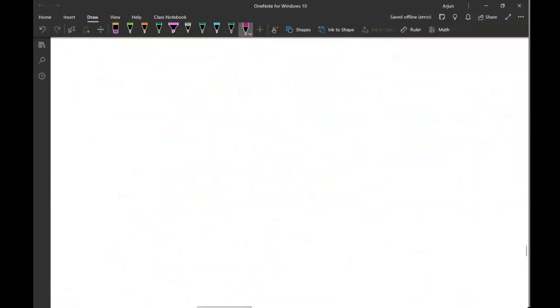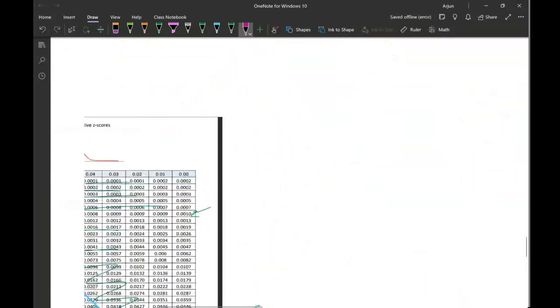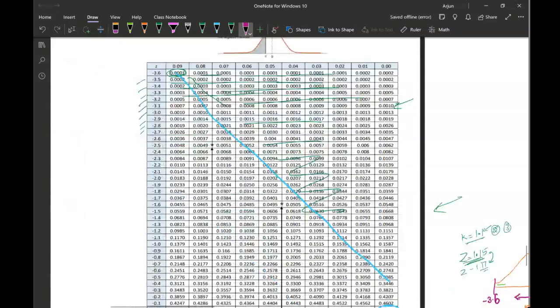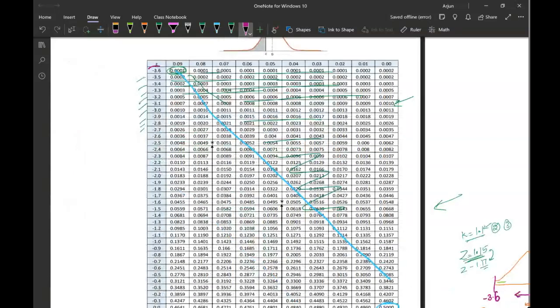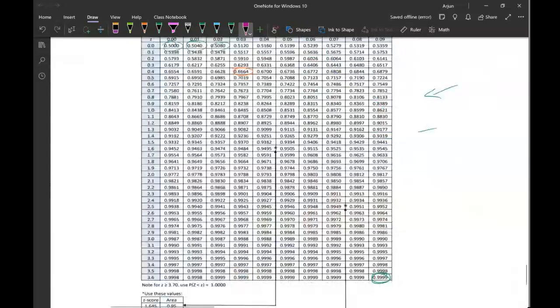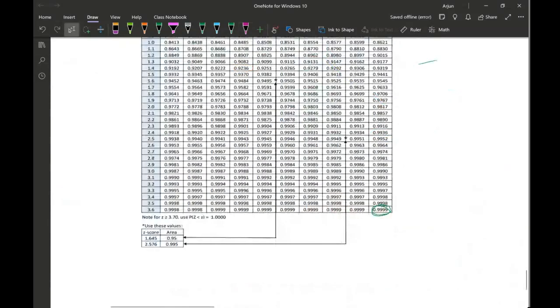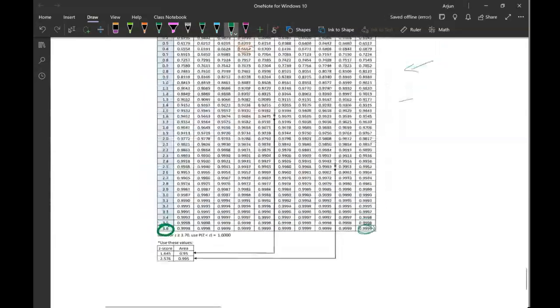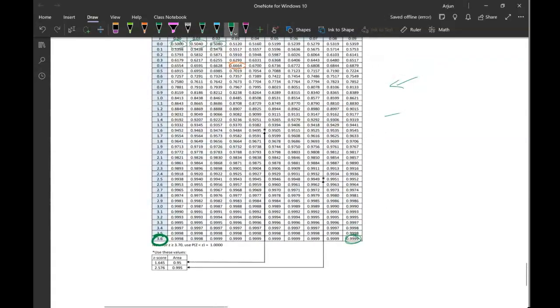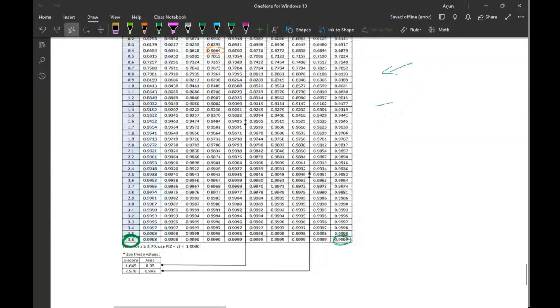If I look back into the table, which is down here, the minimum value for the z-score is minus 3.6, and the maximum value for the z-score is 3.6. This will cover pretty much every data point in the given question. All right, so hopefully you have an idea about what z-score is and what probability is.